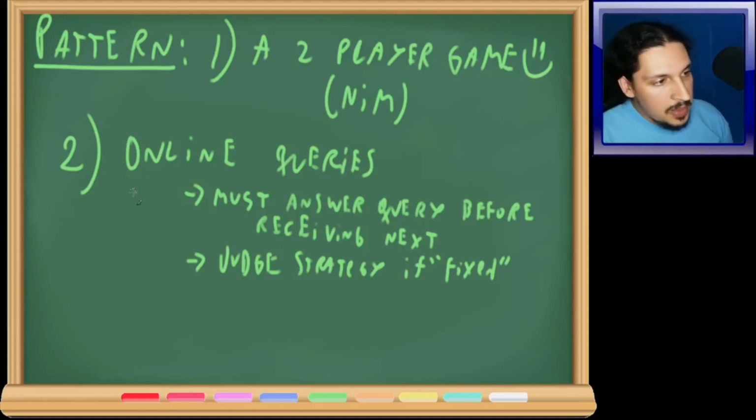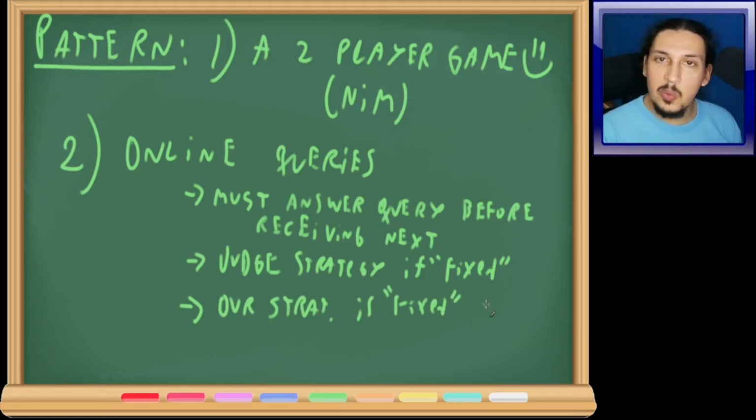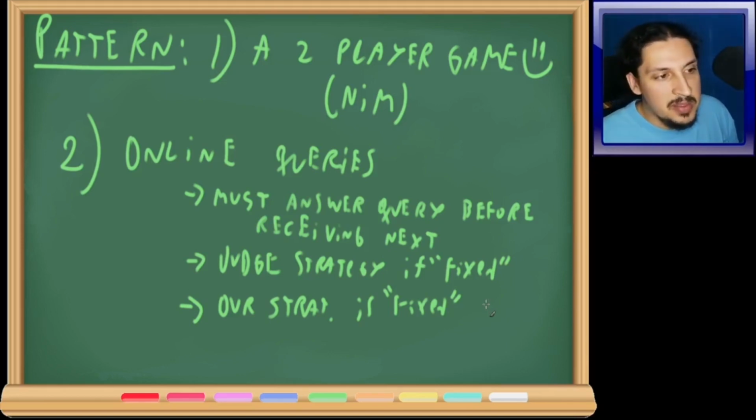So I'm including this pattern here. And in this common case of interactive problems for online queries, actually our strategy is also fixed. It's like we have no choice, because all we have to do is answer the query, which will possibly have a unique answer, but it doesn't change state or anything. There is no reason for the judge to change its questions based on our answer in this kind of problem.